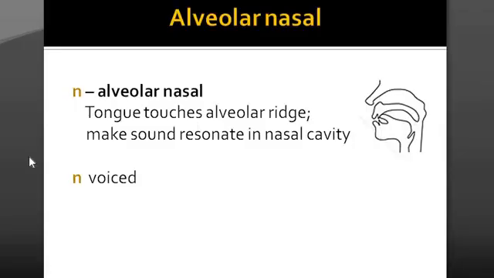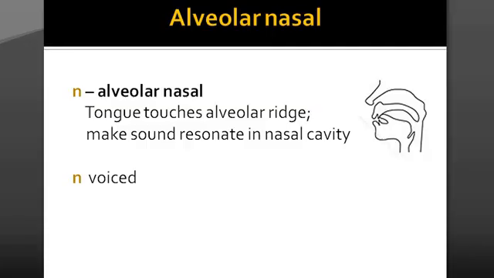Make the sound resonate behind your nose. Okay? And this is voiced. How can you tell? Put your hand on your larynx and say n. Yeah, you should feel the vibration. That's a voiced sound.